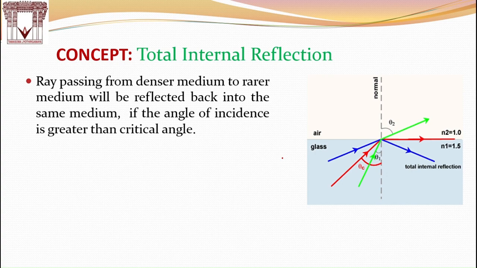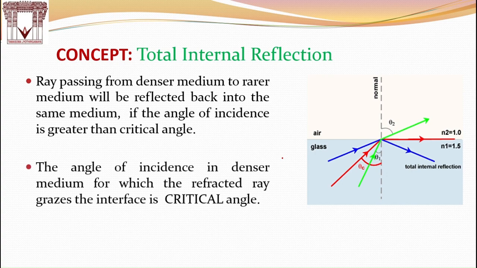But what is the critical angle? It is the angle of incidence in the denser medium for which the refracted ray grazes the interface of the two media, as shown in red. If you observe the image carefully, for the green ray, the angle of incidence is less than the critical angle, so it enters the other medium.